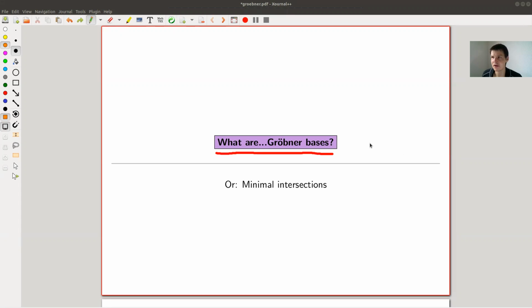The whole idea goes back to Buchberger, who named it after his advisor, Gröbner. It was something like 1965, in his PhD thesis. Roughly around the same time, a mathematician named Hironaka worked on something very similar. He called it standard bases. That name never stuck, so it's called Gröbner bases.